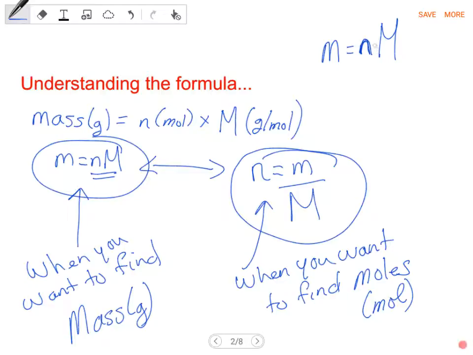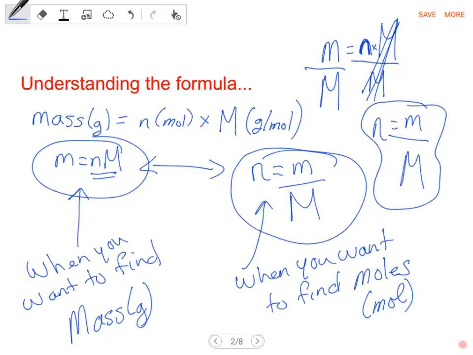I use algebra. There's multiplication here. In algebra, you undo. The opposite of multiplication is divide. If you divide by molar mass, it cancels on that side, and you must do the same over here. So what you're left with is moles equals mass divided by molar mass.